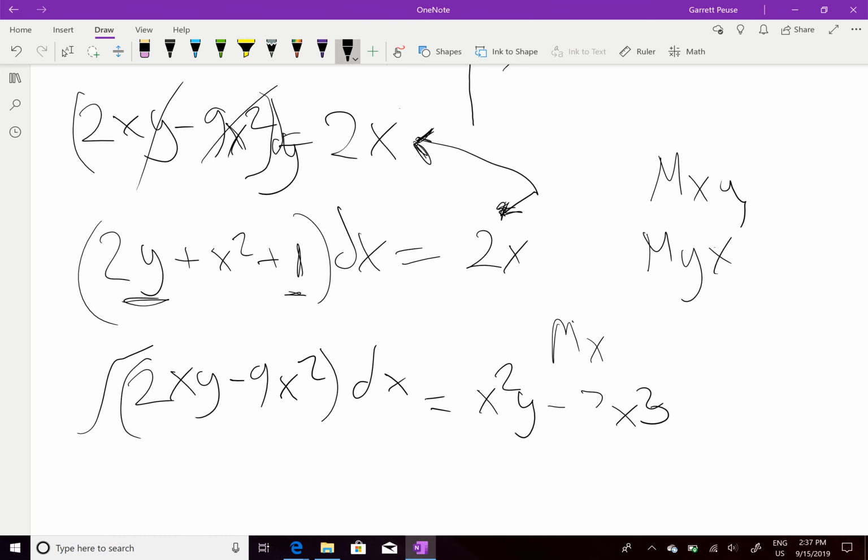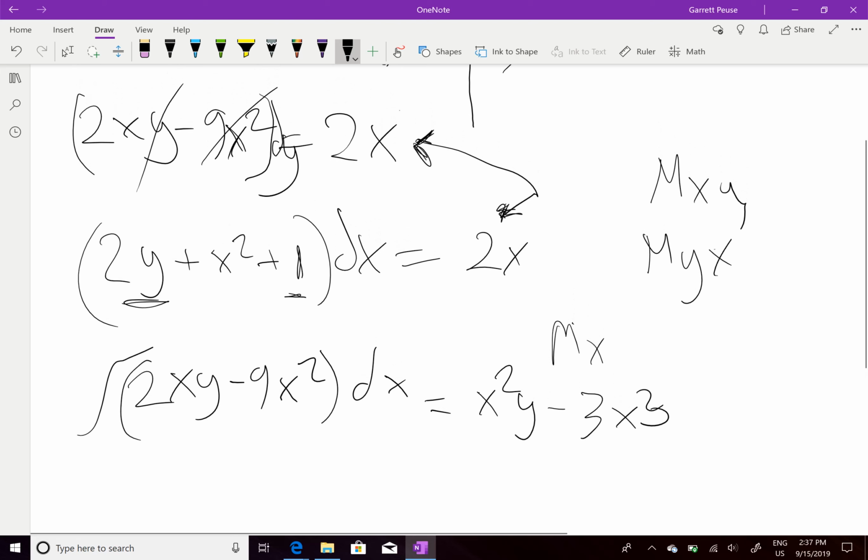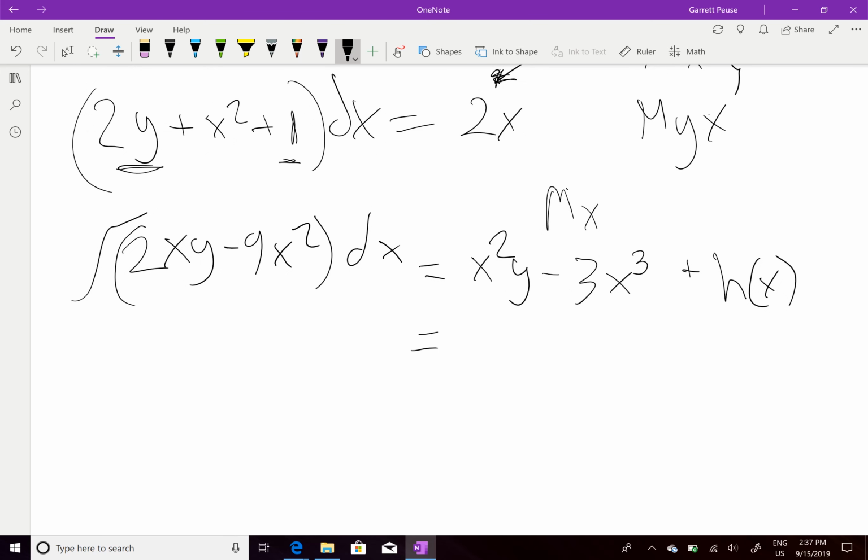That's 3. And technically it's going to be plus a function. I should make this a little more clear. Sweet. Now what do we do?